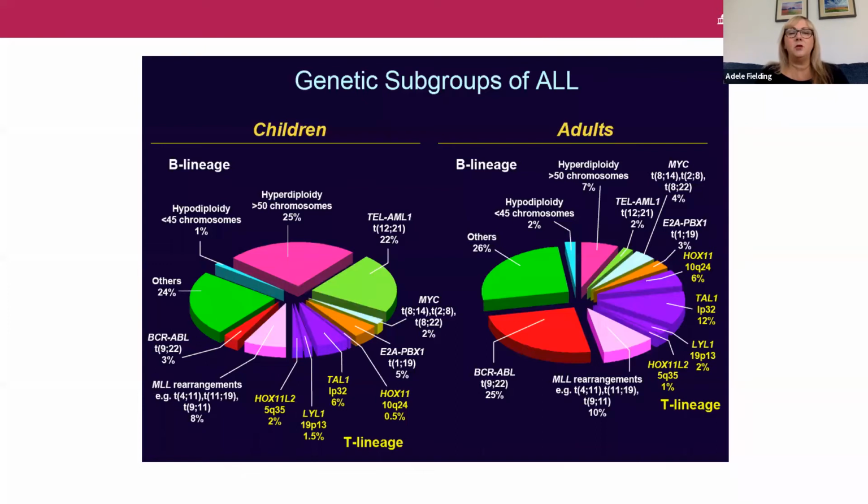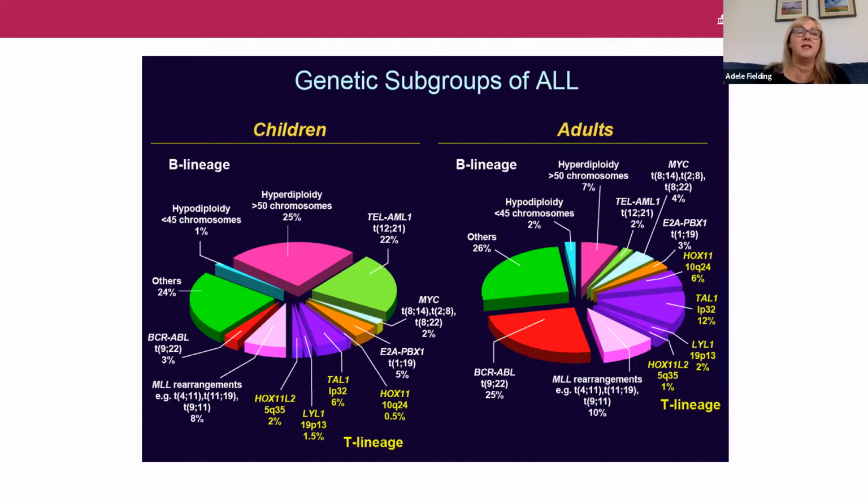So as you're probably well aware, there are absolutely tons of different genetic subgroups of ALL, and this slide here just tries to represent some of that for you. What's important to take away from this slide is that there's a different pattern in children versus adults. You don't really see the detail, but if you look at the way the colours are split up, you can see it's coloured completely differently.